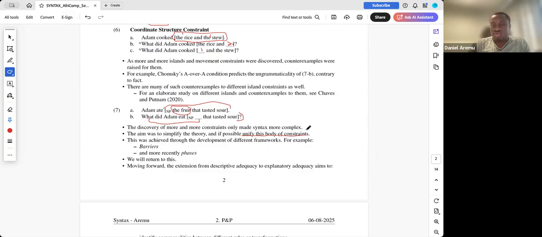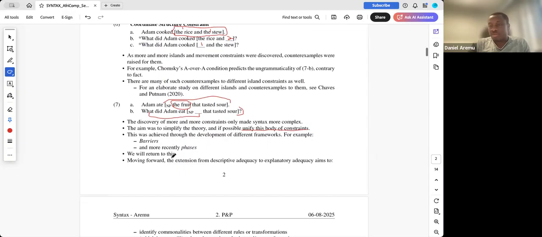And in order to do this, different models of movement constraints were proposed. One of the earliest, or at least one of them, was barriers, which we're going to look at soon.